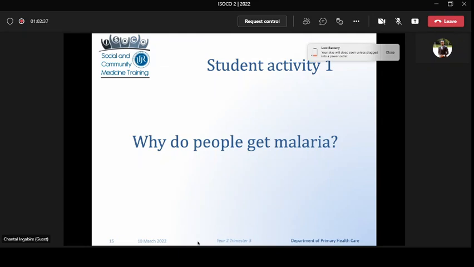And the outcome is an increase in malaria. So the environmental factors might lead to people getting sick of malaria. Yes. Other reasons, apart from the environmental factors, what other factors might expose people to getting malaria?